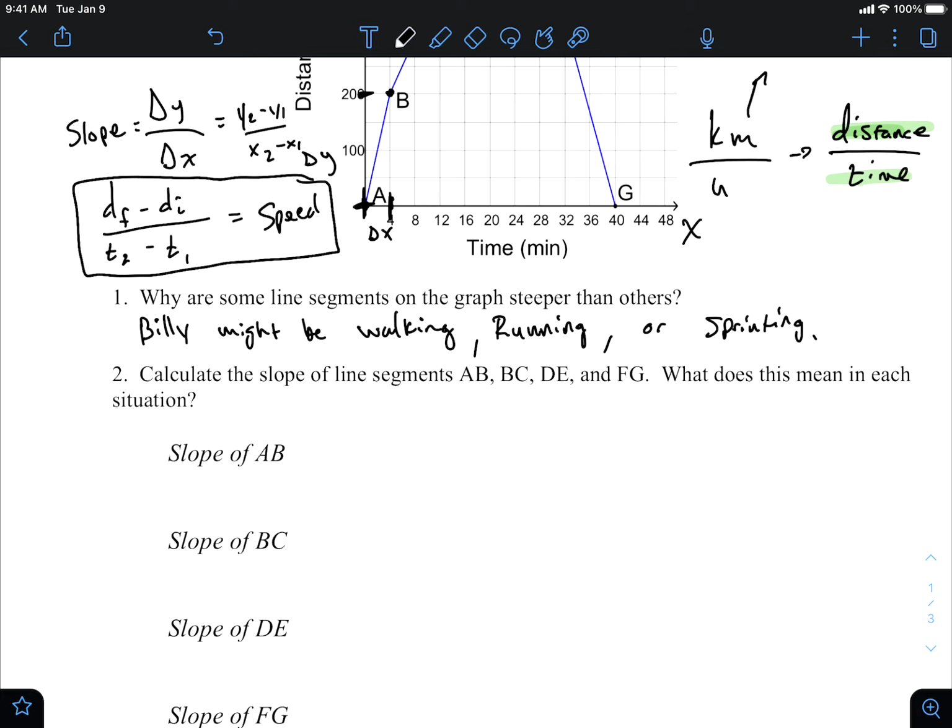The thing that saves me all the time is I fall back on what the slope is on the graph that I'm looking at. The slope, depending on the units on the axes, tells me what I can read off of that graph. I always look at the units on the axes.